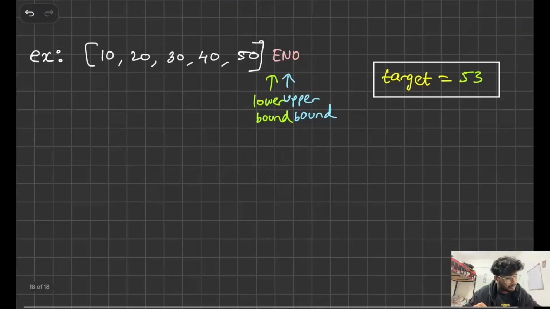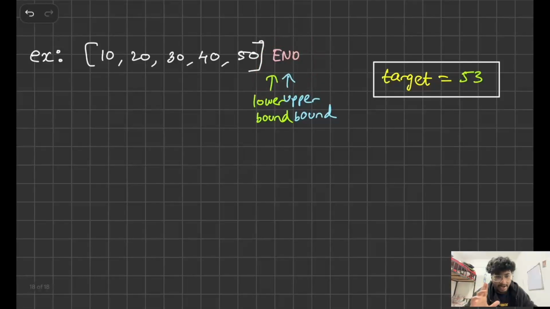So I would return the end iterator here if it does not exist.